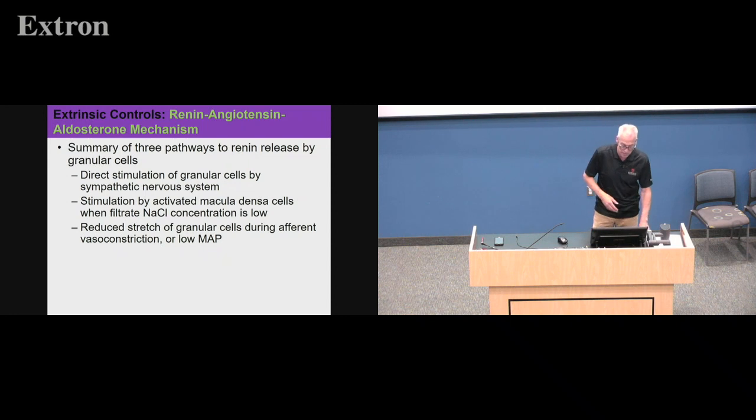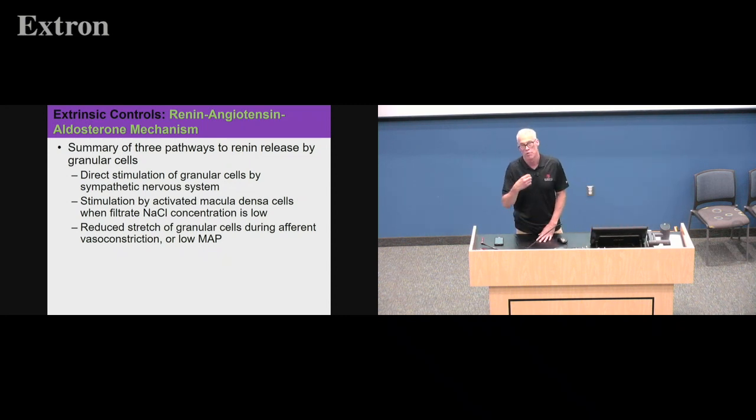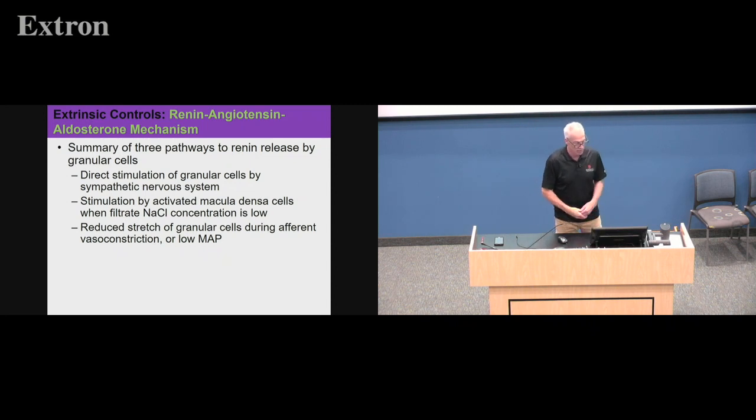So those are 3 ways that we can talk to those granular cells and control their release of renin, which forms angiotensin. We should not forget that whenever we produce angiotensin II, we also produce aldosterone, and in a later section of this series, you'll see where in the nephron aldosterone actually works. It turns out it's in the distal tubule to increase reabsorption of salt and water.